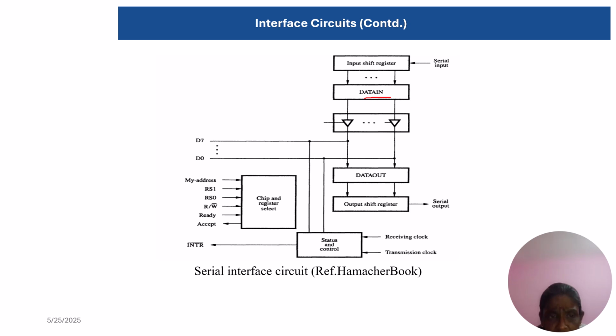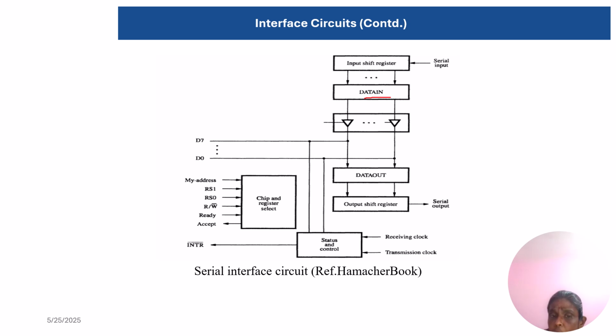So data bits D0 to D7 are all transferred in parallel form. Then, after performing the task, the processor sends the output in parallel format.